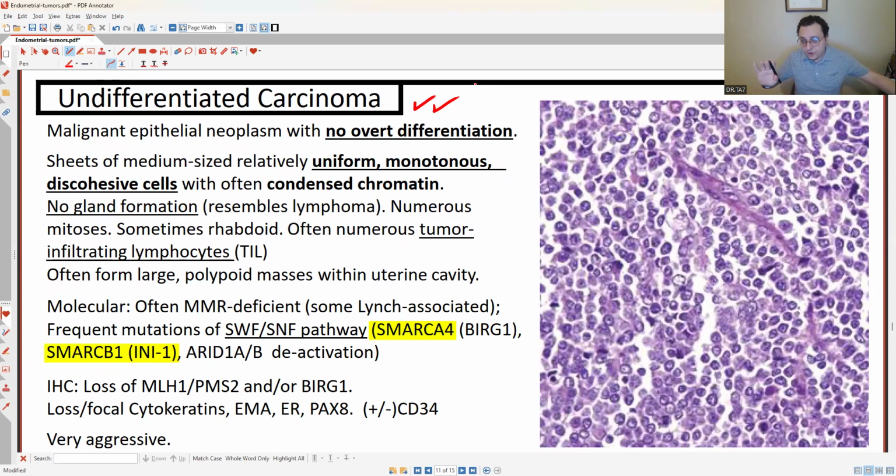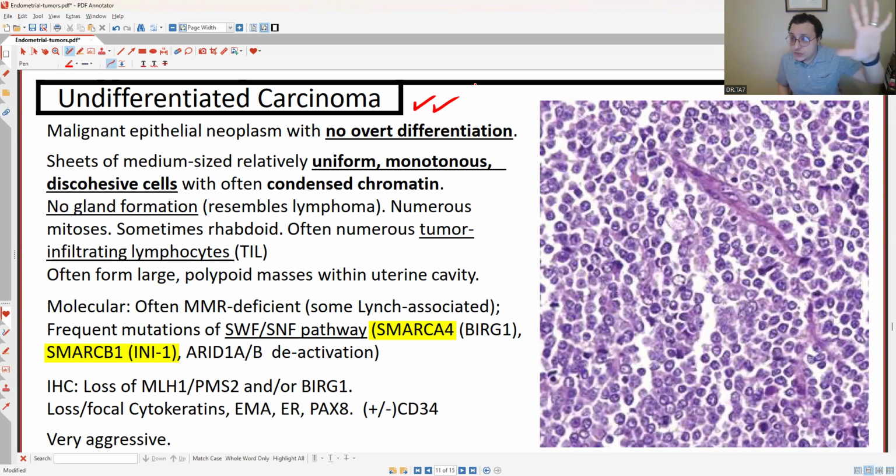This is undifferentiated carcinoma. What I mean by undifferentiated carcinoma is, I don't know. All that I see is just discohesive cells filling up everywhere in the field under the microscope.